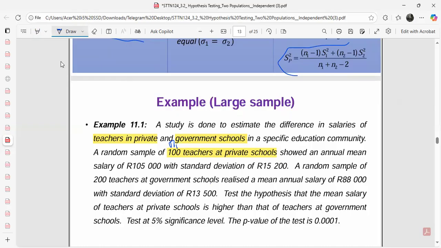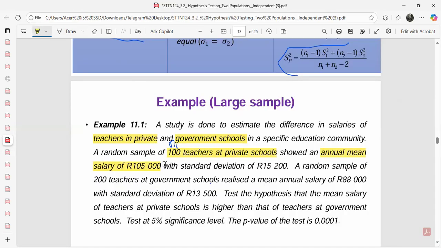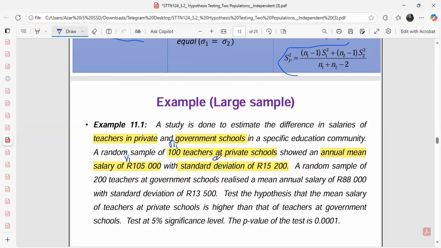They showed an annual mean of 105,000, which will be x bar 1 because it's under population 1. We're also given a standard deviation of 15,200, which will be S1.